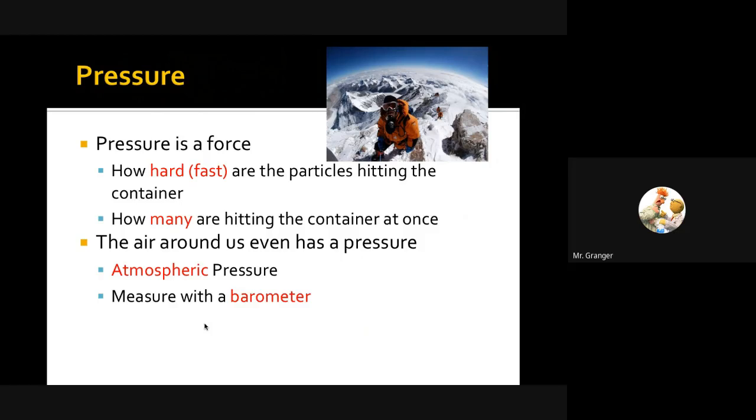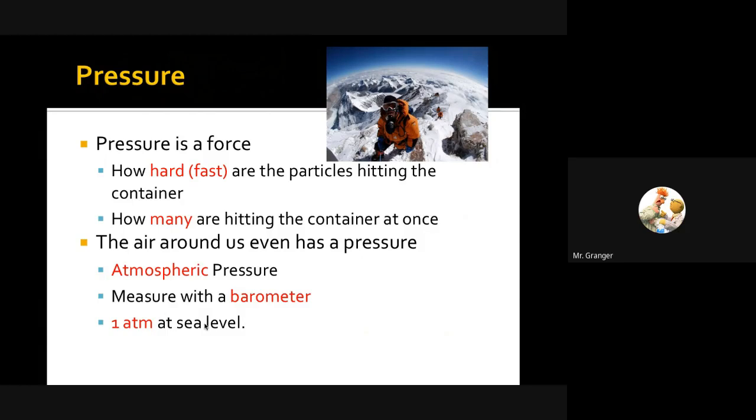Barometers used to use mercury. So mercury would go up or down in the column, which is called a barometer, the instrument used to measure atmospheric pressure, or how much force is pushing down on this pan of mercury.